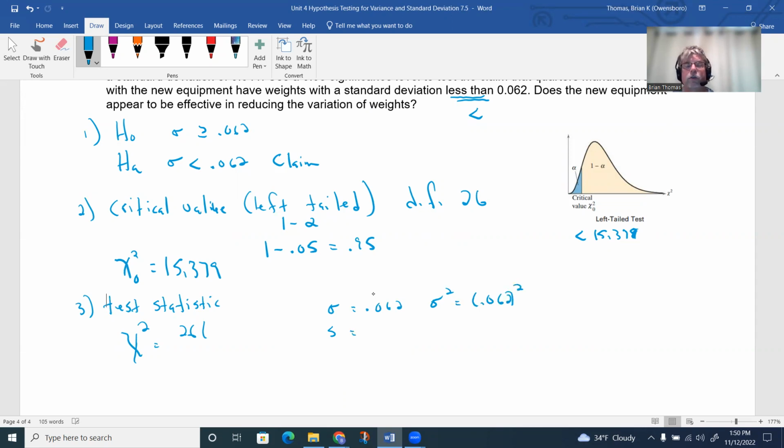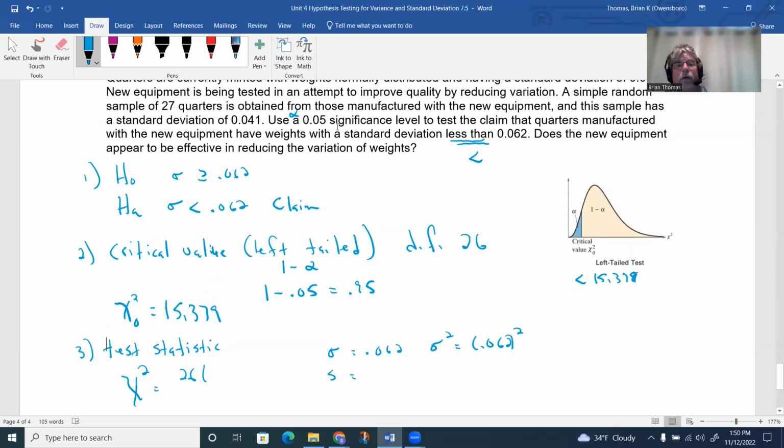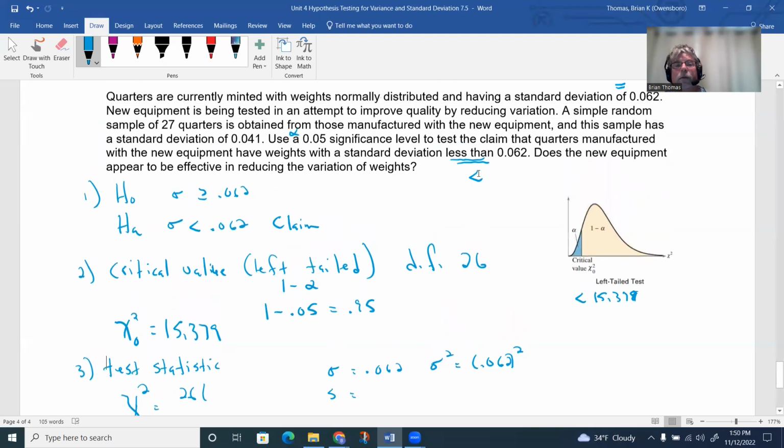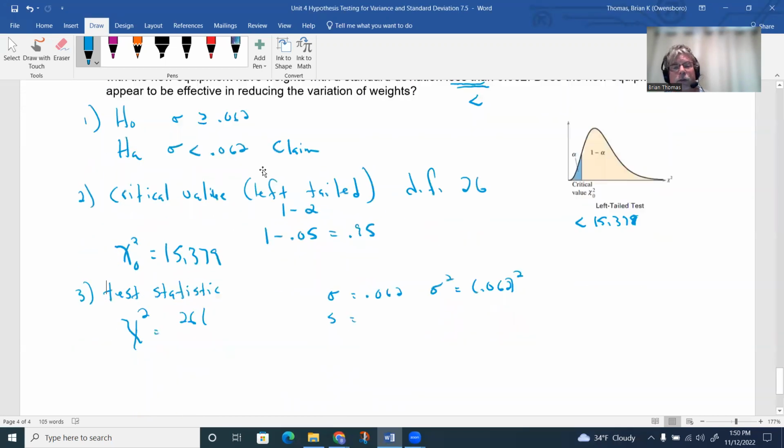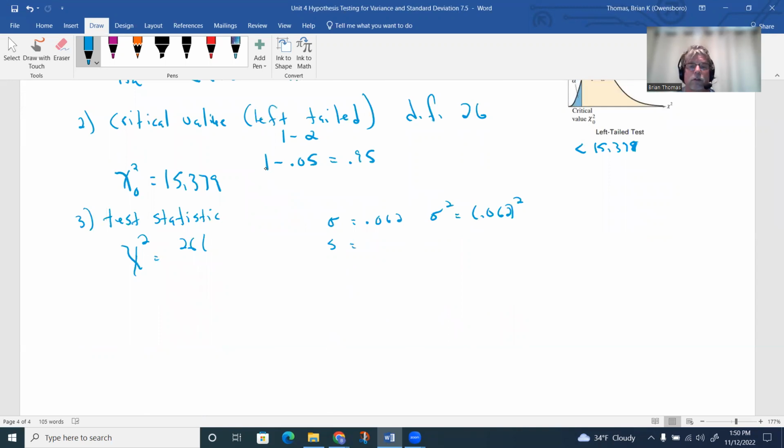The sample standard deviation they said was 0.041, so S squared is 0.041 squared.